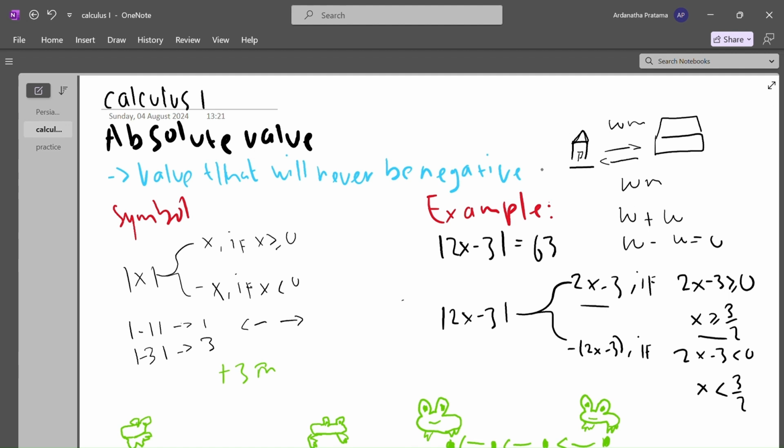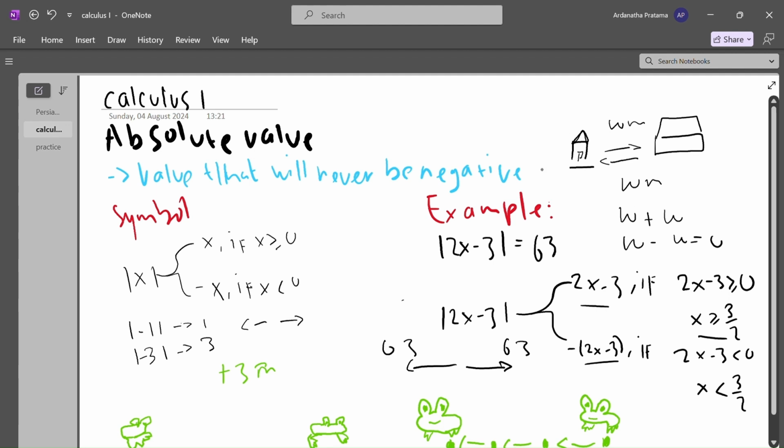And we will get minus (2x minus 3) if 2x minus 3 is less than 0, or x is less than 3 over 2. Or we can say that we go right and we go left, so we get 63, and this is also 63.